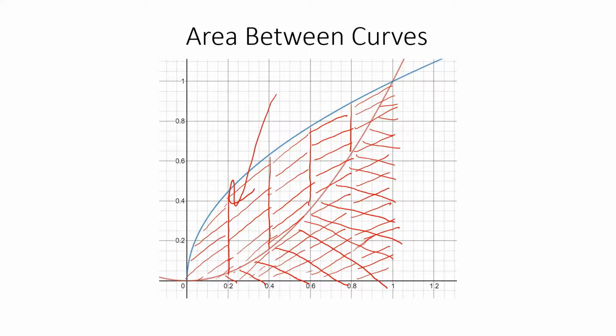Intuitively, you can figure out that if you take the area under the blue graph, the integral of the blue graph, and then subtract the integral, or the area, of the red graph, you get the area in between. This is a neat property because now we have a way to find the area between two curves.